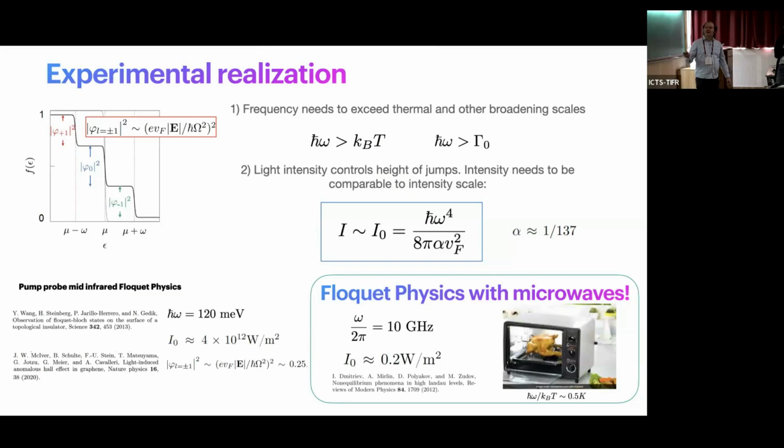Perturbatively, for example, the first non-trivial jumps have this scaling with electric field. So the lower the frequency, which is when the Magnus expansion is less controlled, the larger these non-trivial jumps become. They have this type of scaling.